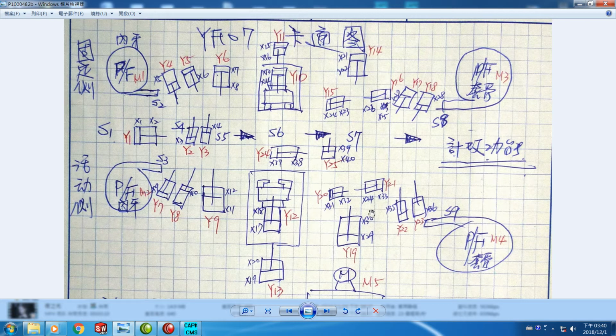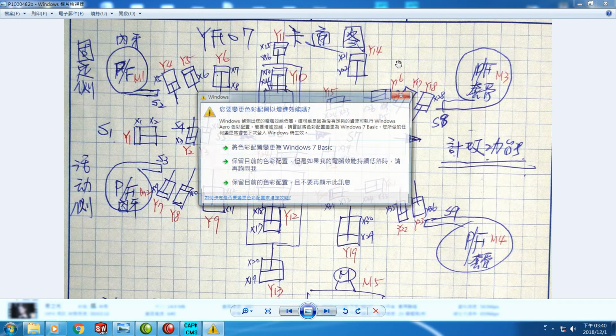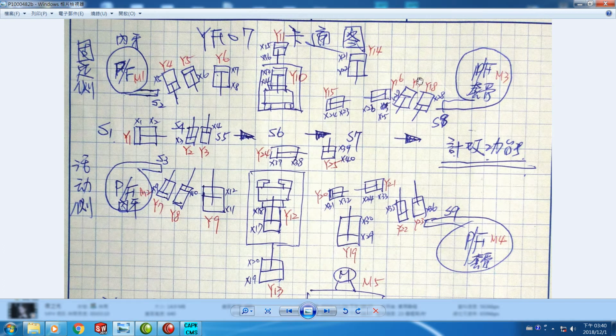As Y14 and Y19 retract, the S8 will work. First, Y18 is actuated to thrust in to prevent the outer fixture from dropping from the material supplier, and then Y17 retracts.